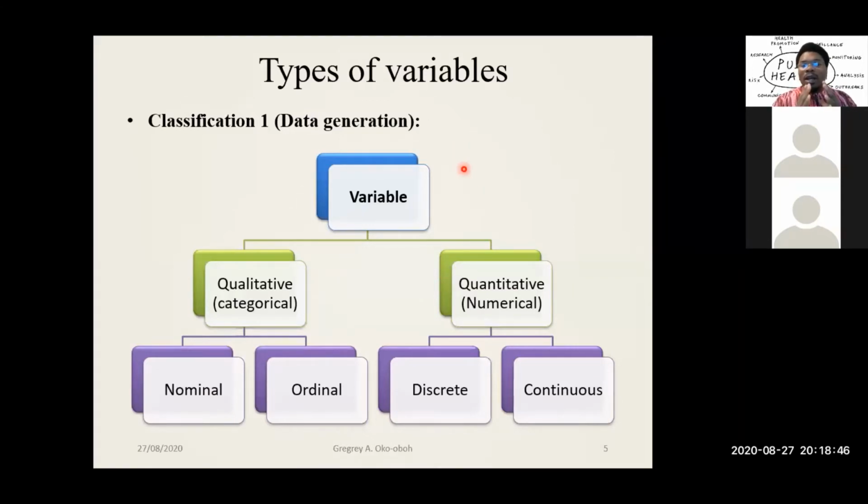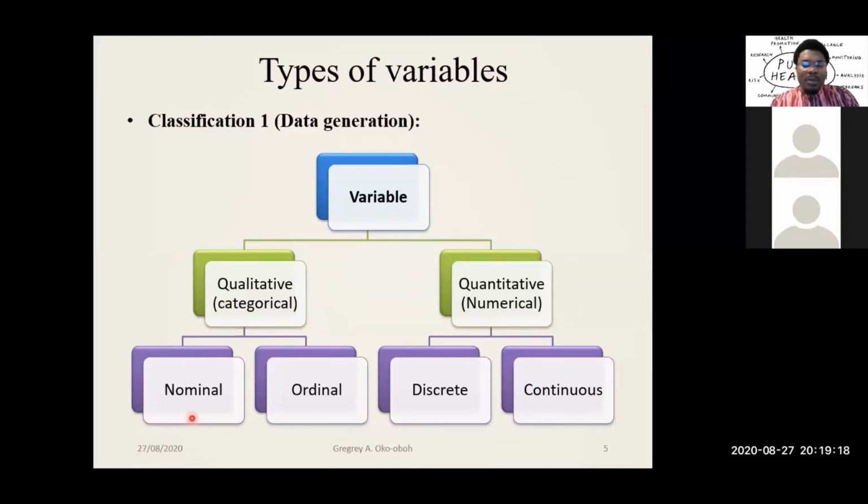If you are classifying variables based on data generating process, variables can be classified into two main arms: qualitative variable, which some people call categorical, or quantitative variable, which some people refer to as numerical. Qualitative variables are further broken down into nominal and ordinal, and quantitative variables are further broken down into discrete and continuous.